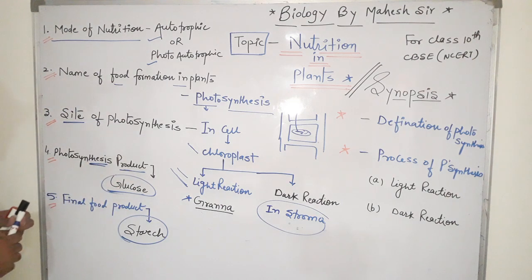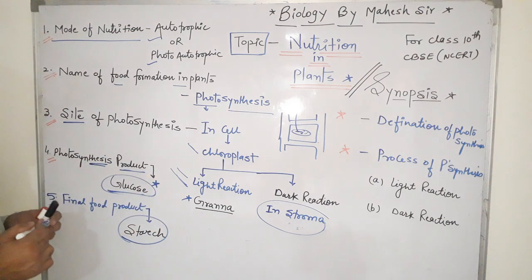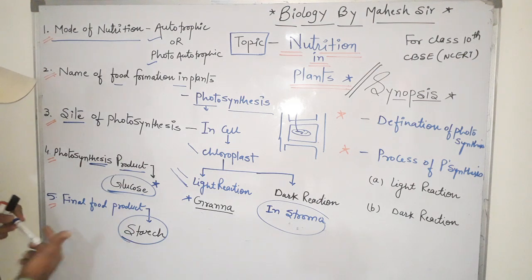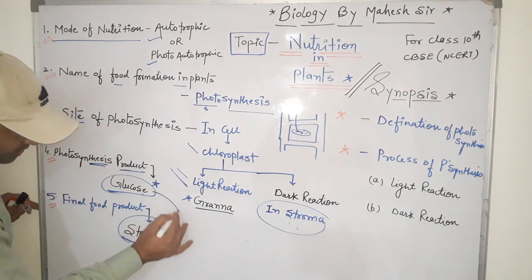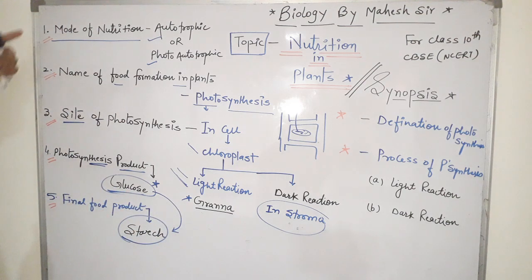The photosynthetic product is glucose. Glucose is the first product of photosynthesis, and the final product is starch because this glucose converts into starch. So this is some information about nutrition in plants.